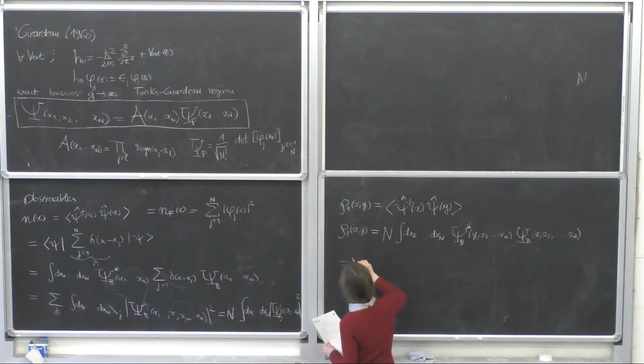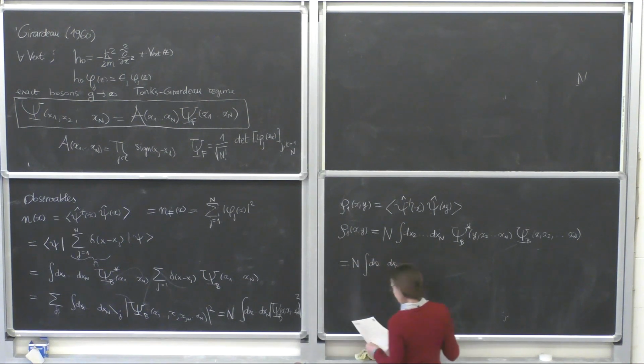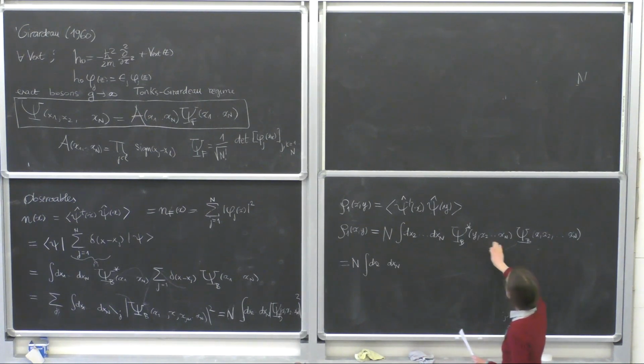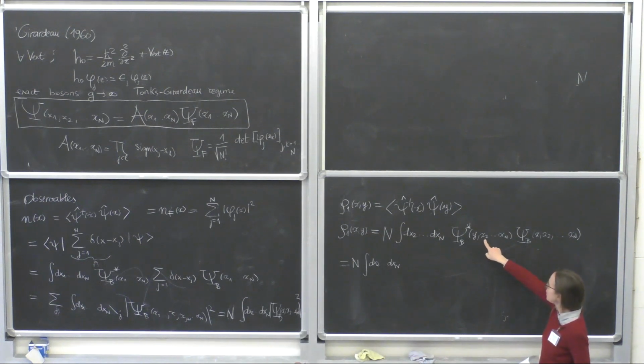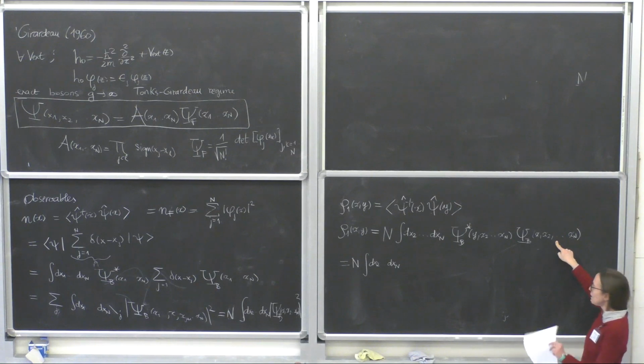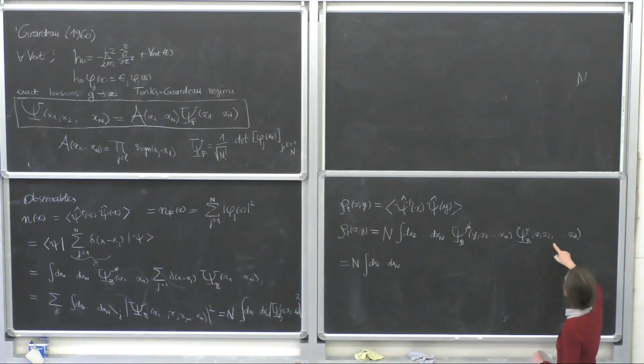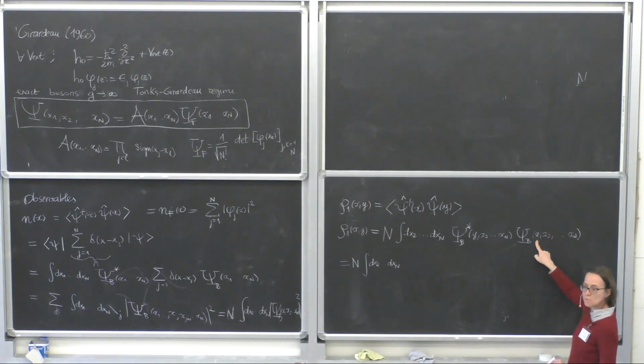I get n, the integral in x2 to xn, and then the sine functions, some of them will disappear. Those, for example, sine of x2 minus x3, I find here and I find there, so it will disappear. But when I have the sine of x2 minus y, or x2 minus x, this term will remain.